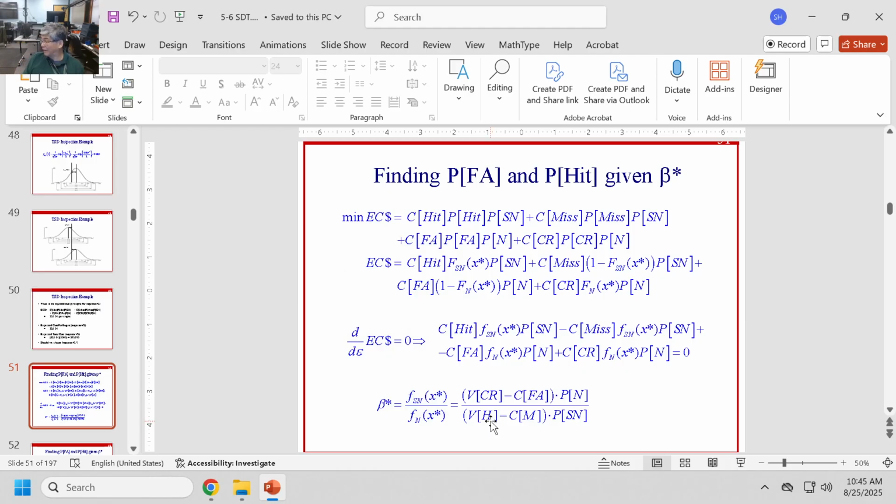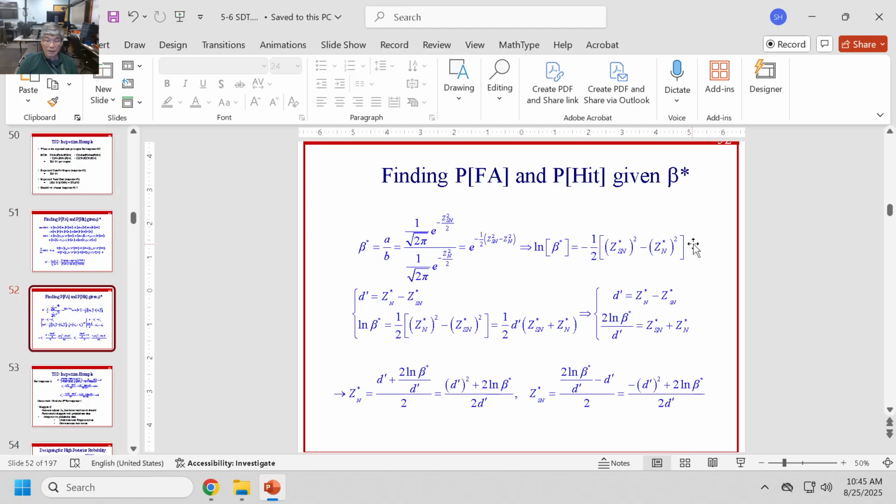Catch one bad guy worth a lot, then lower the threshold. Okay, so hope this way the differential derivative makes sense.